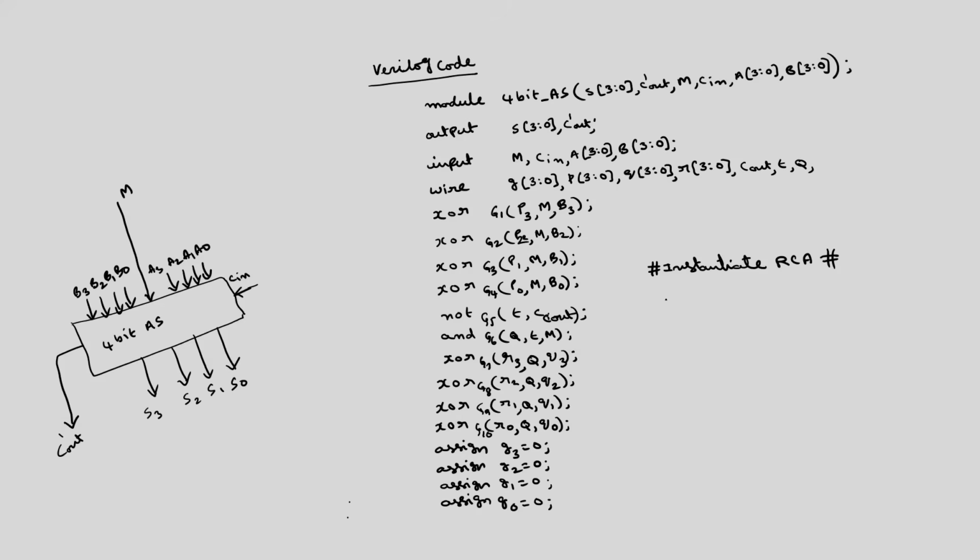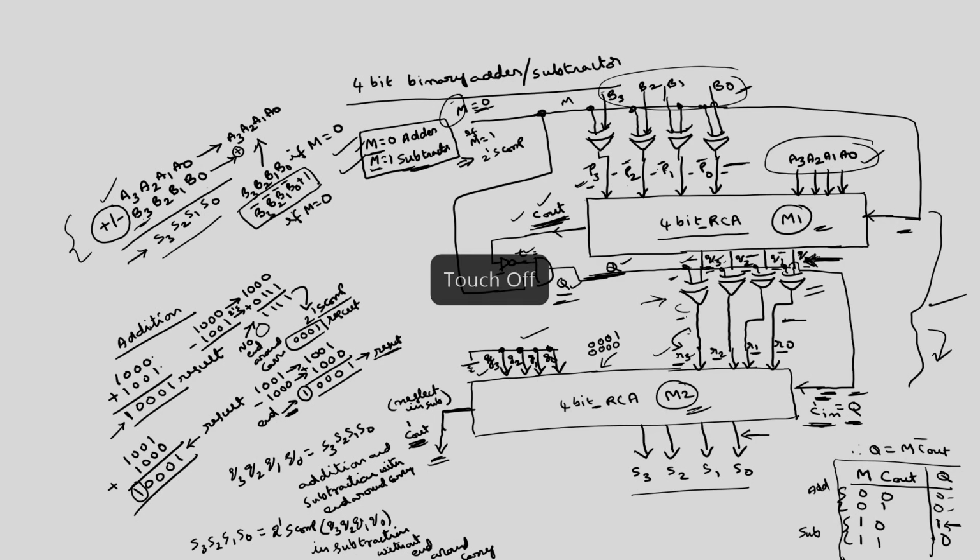Okay. So, the name that I have given to this RCA in the earlier lecture is 4-bit underscore RCA, and I am calling the first module as M1. So, what are the inputs and outputs of this module? You have to just specify only the inputs and outputs. Outputs are Q3 to Q0, C out.